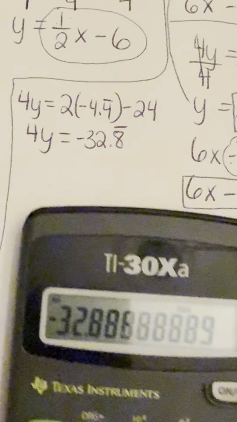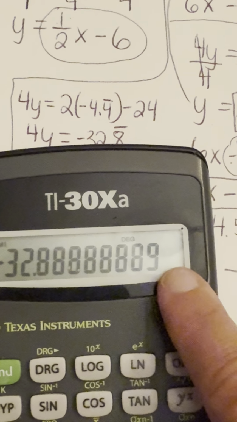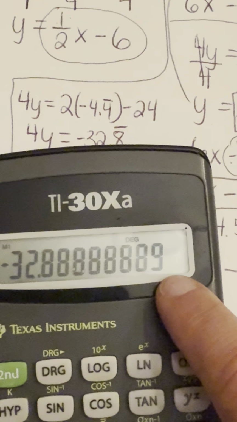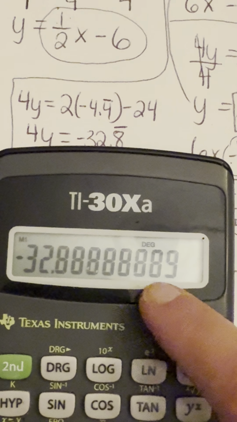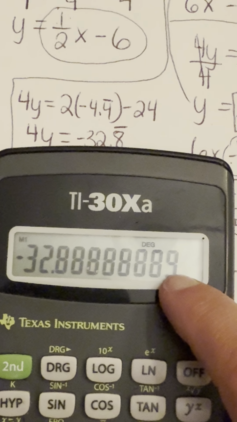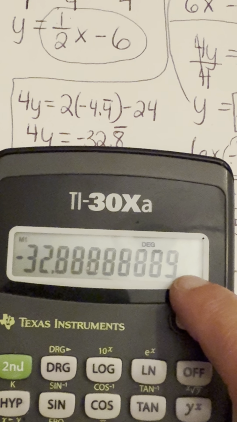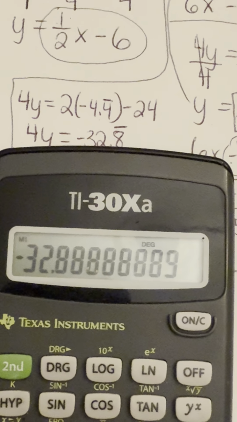Now, you're gonna ask me, why is it repeating? Because the last number is 9. The reason that 9 is different is because it would have been 8, but because the next digit is 5 or greater, it rounds that last digit up. So it is really a repeating 8.